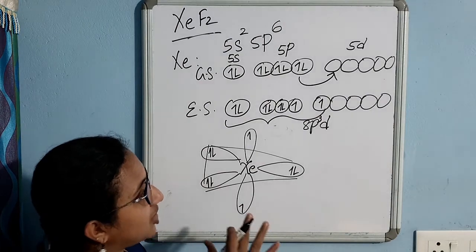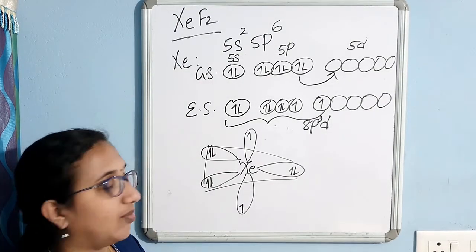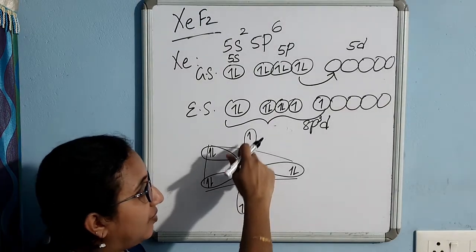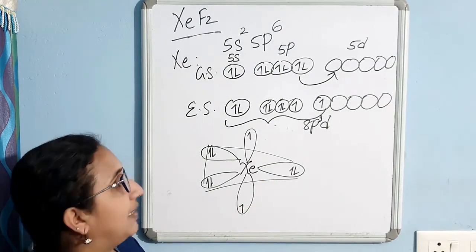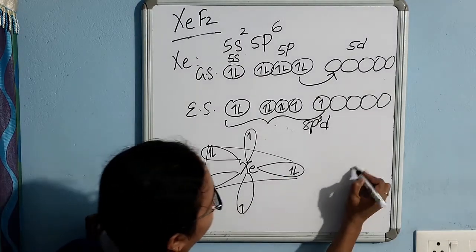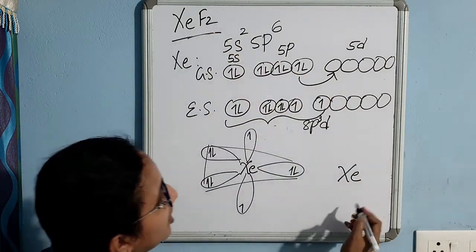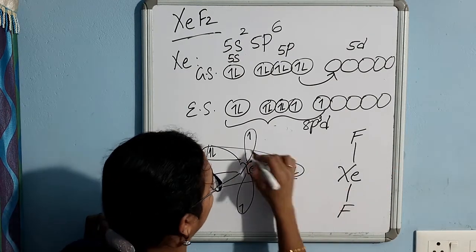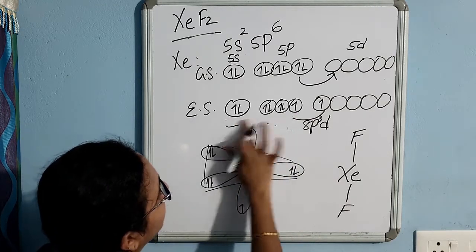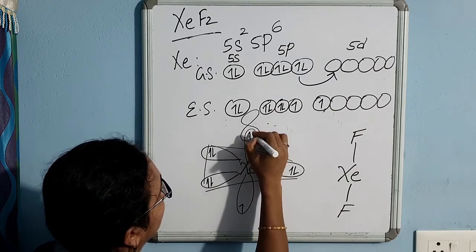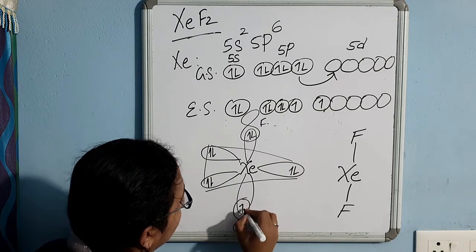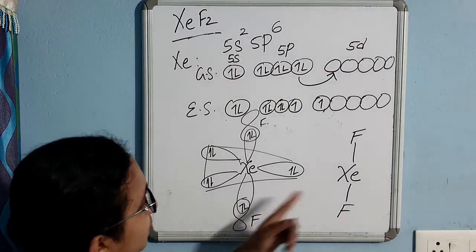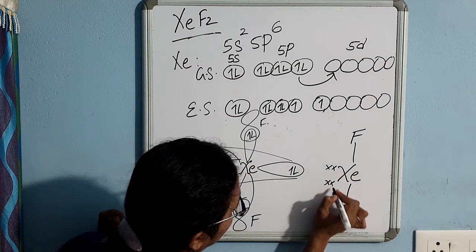This is the way it can have least repulsion or maximum stability, by arranging the 3 lone pairs in the equatorial plane, and the 2 half-filled orbitals in the axial positions. Now we have 2 fluorine atoms, and each fluorine atom with 2pz configuration will overlap with the half-filled hybrid orbitals of the xenon atom to form a xenon difluoride molecule having linear geometry.